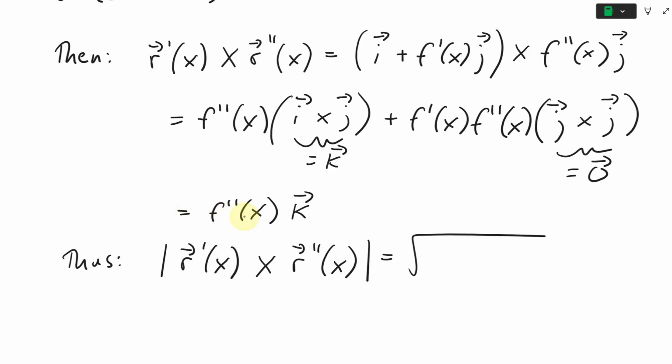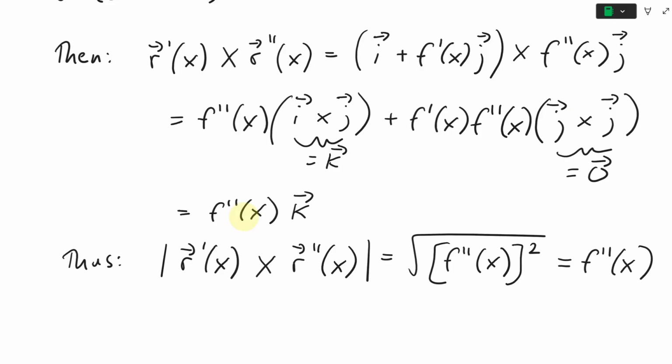So in other words, the square root of f double prime of x, all squared. But with a square root and a square, that just equals f double prime of x. So that cancels out, and we're just left with itself.